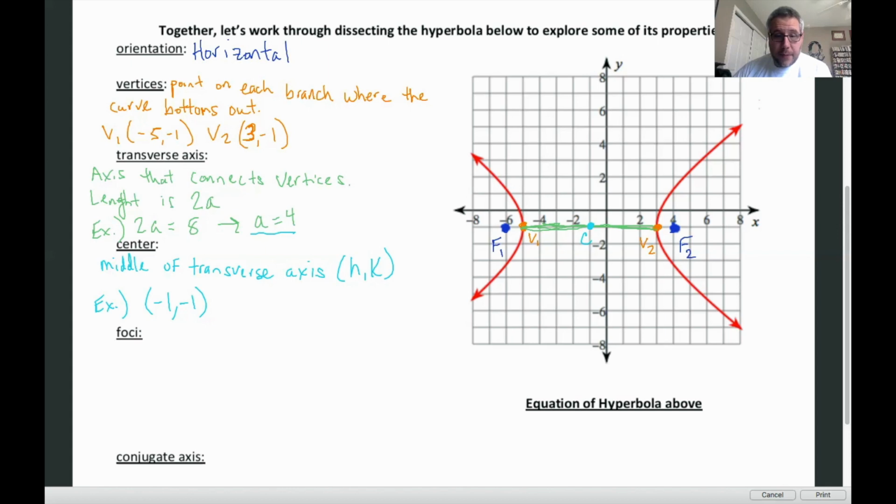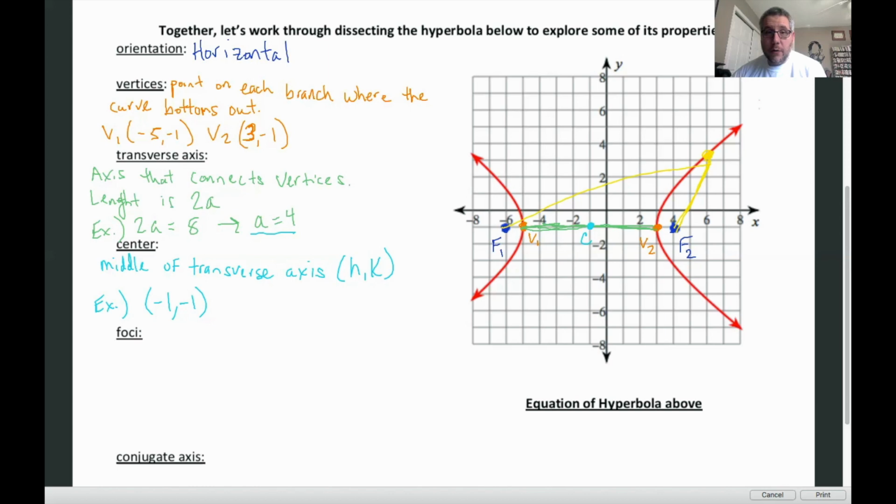If I were to plot a point anywhere on this branch, let's say right here, and take the distance from this focus to that point and this focus to that point, and subtract those two yellow lengths, I'm going to get a number.